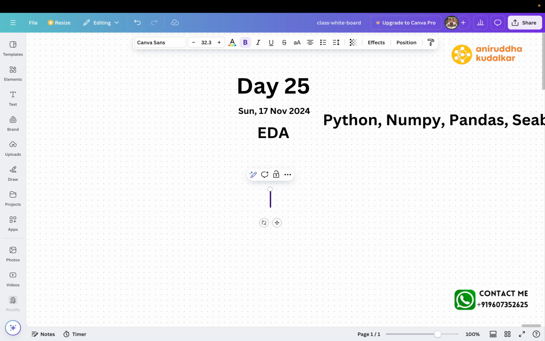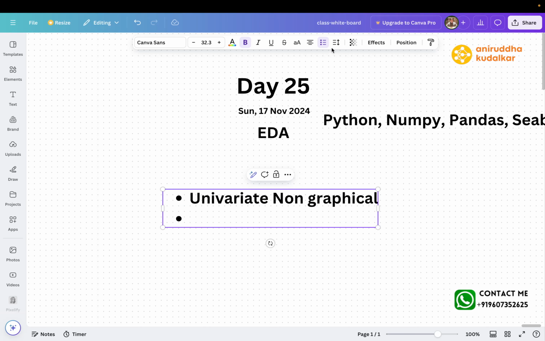Univariate non-graphical. Name itself is suggesting a single variable, non-graphical. There would be no images. Multivariate non-graphical.